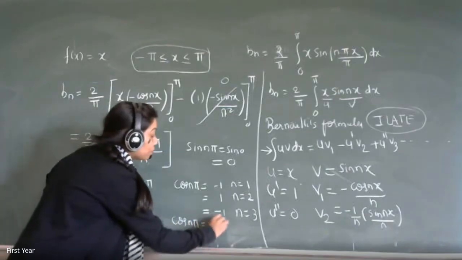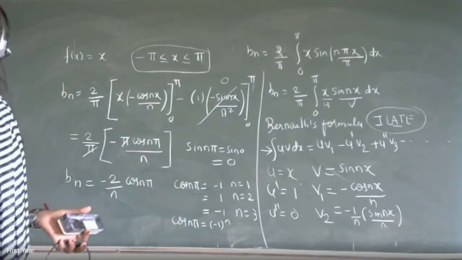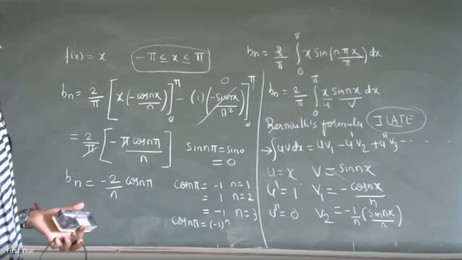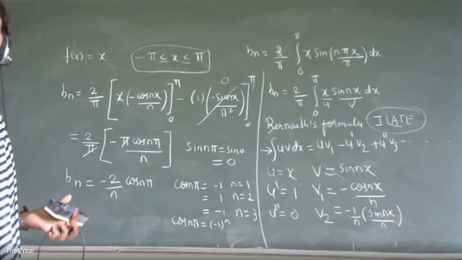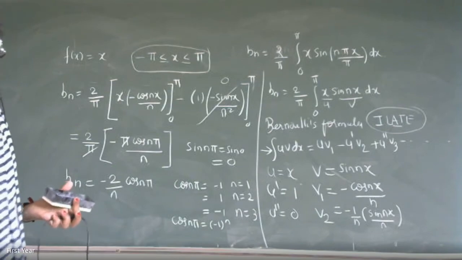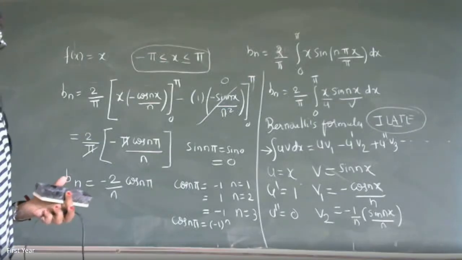And therefore, what's the value of cos n pi in general? It is minus 1 raised to n. A number which alternately becomes plus and minus is written as minus 1 raised to n. Put n is equal to 1 and check what happens: you get minus 1. When you put n is equal to 2, it is plus 1. When you put n is equal to 3, it is minus 1.